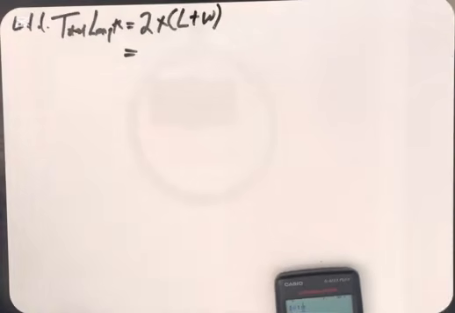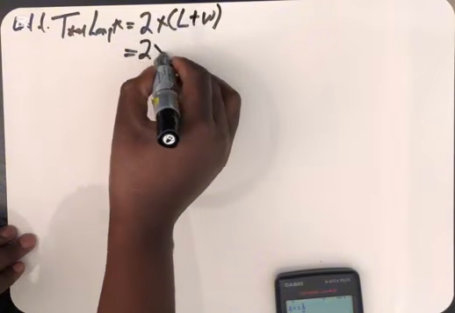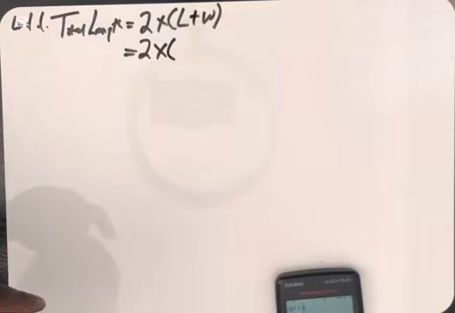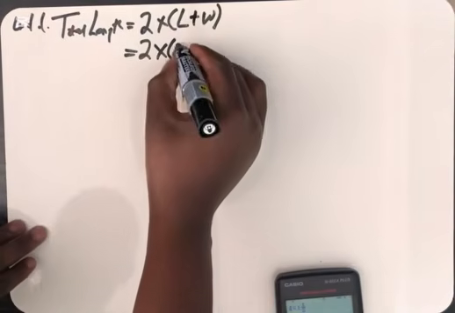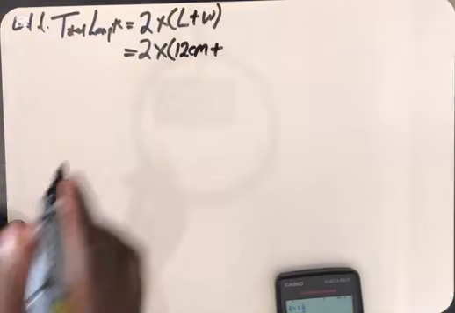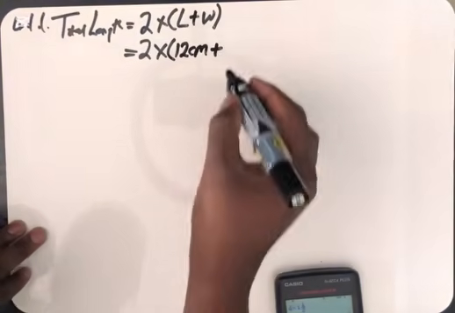The only thing that we're going to do is to substitute the length and the width. 2 multiplied by, and then you open the brackets. Instead of writing L, we're going to write 12 centimeters. Plus, instead of writing width, you're going to write 5 centimeters.